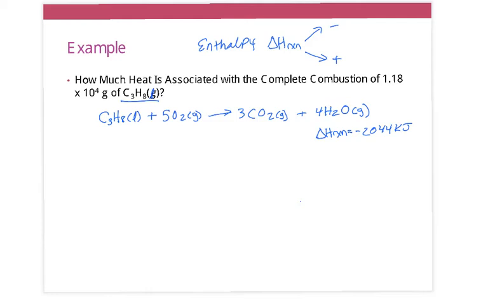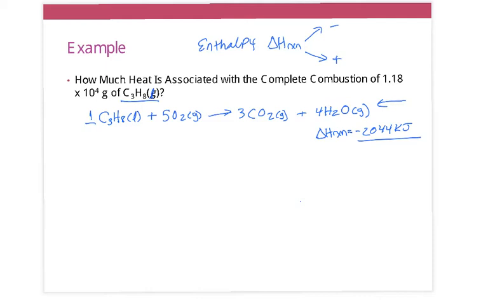So we have 1 mole of propane producing negative 2,044 kilojoules of energy. The fact that it's a negative enthalpy means that this reaction is releasing energy into the environment, which is good. That's why we need it to grill. The heat that it gives off will cook our steak, right?